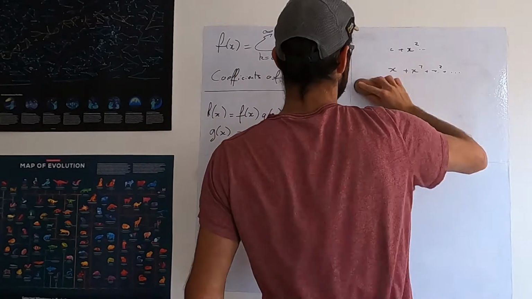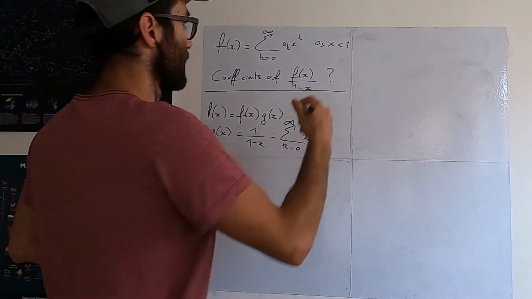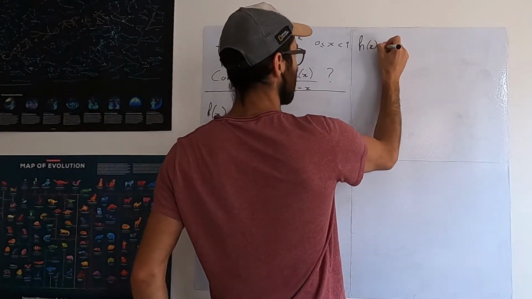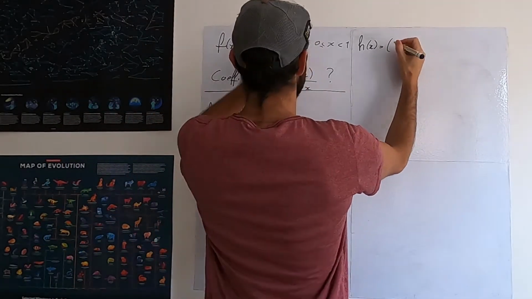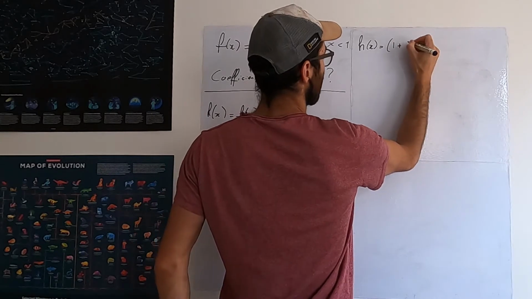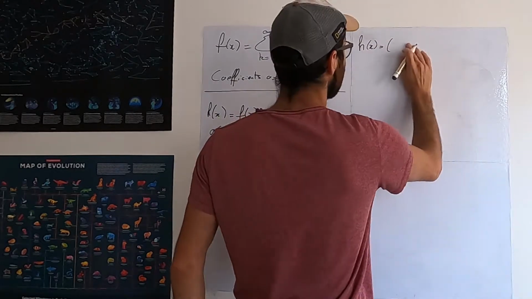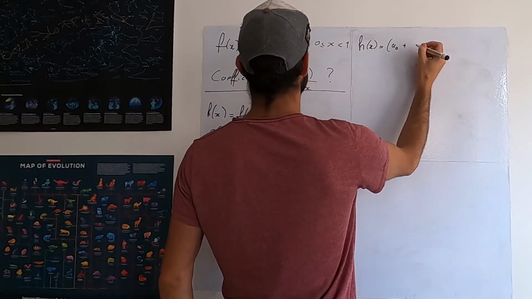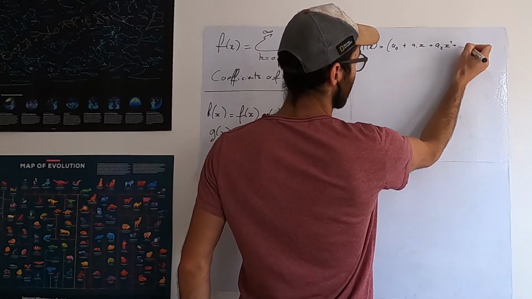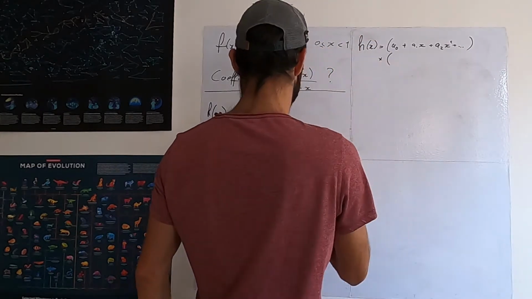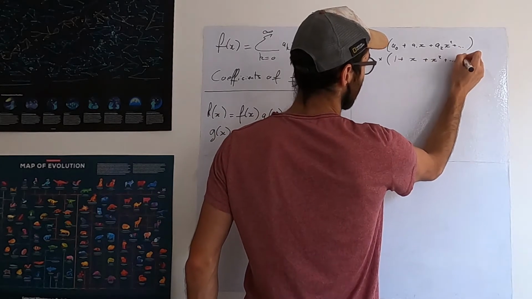So using this formula, what we can do is basically write h(x) equal to the sum of the a_k x^k, so a_0 plus a_1 x plus a_2 x^2, etc. This times 1 plus x plus x^2 plus and so on.